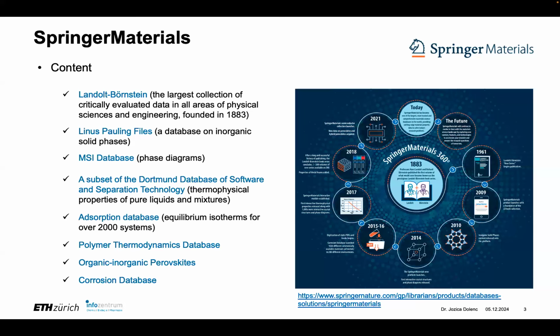I'm gonna make a little demo about that. You can find in SpringerMaterials absorption isotherms, data on polymers, and in the last years, they're including even much more data, recently data on battery materials, inorganic perovskites, and other things, which you will see.